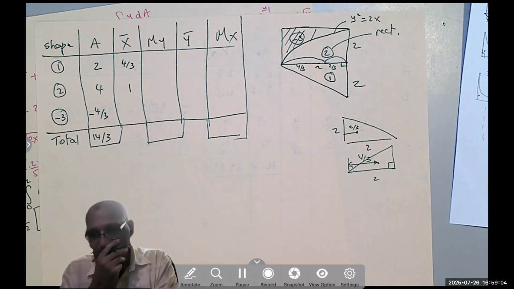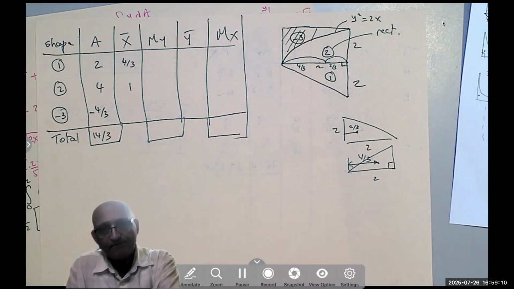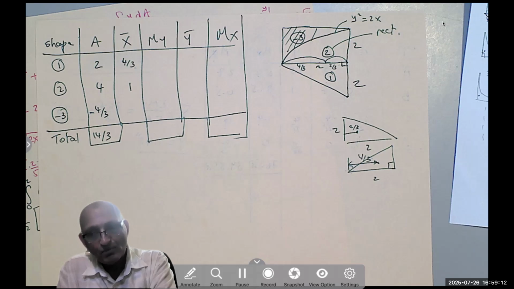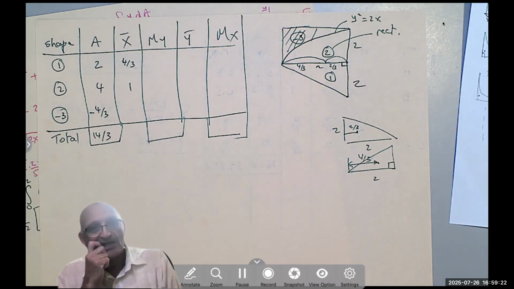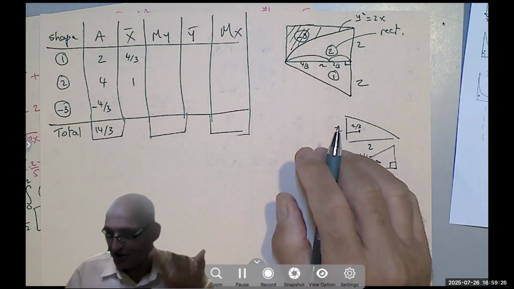So some people would say, well, 3/10 of 2 is 3/5. Is that correct? Hmm. I'll keep it and let you think about it.